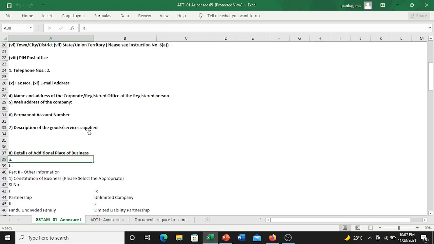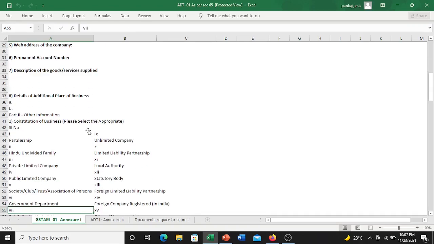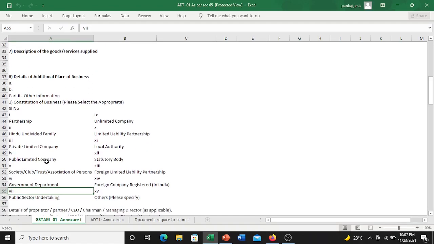Then the additional place of business, after the registered place which is mentioned in your certificate. After the registered place you have to mention the additional place of business as well. Then here you have to mention which kind of company yours is.